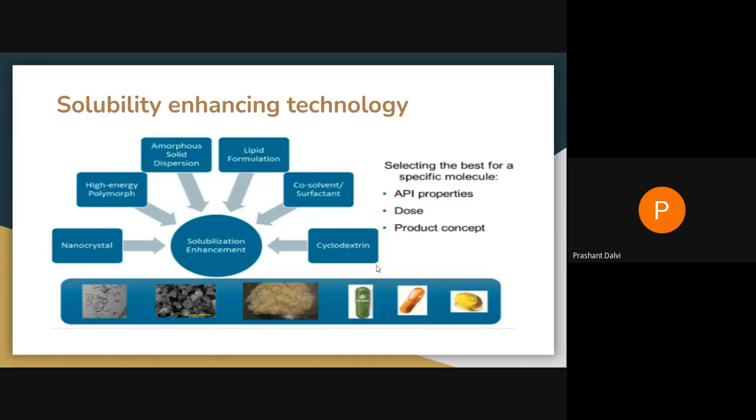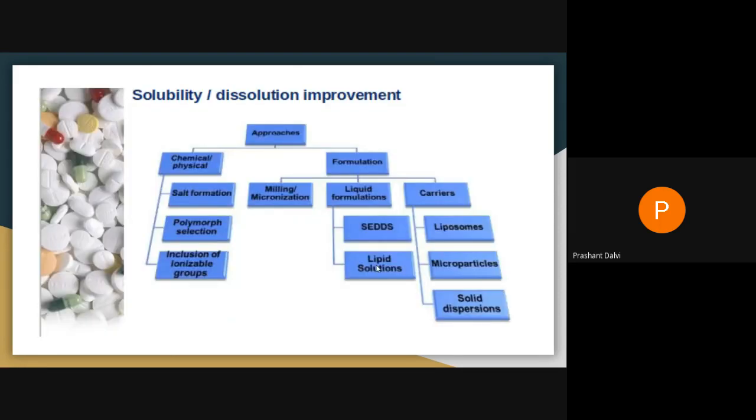So these are the different solubility enhancement techniques. The selection of all these techniques totally depends upon the physicochemical properties of the drug substance, the dose of the drug molecules, and their product concepts. Accordingly, you can select these techniques for solubility enhancement.